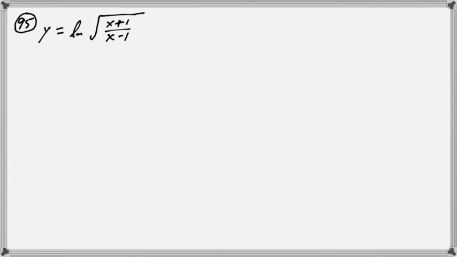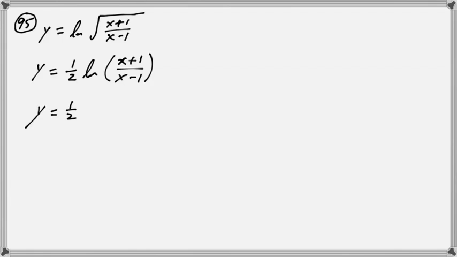Again, I'm going to use properties. So I'm going to rewrite this as the square root is a 1/2 power, so I can pull the 1/2 out front. Normally, I would do this all in one step, but I don't want to lose anybody. So this becomes natural log of the top minus natural log of the bottom. So now I have this in what's called expanded form.